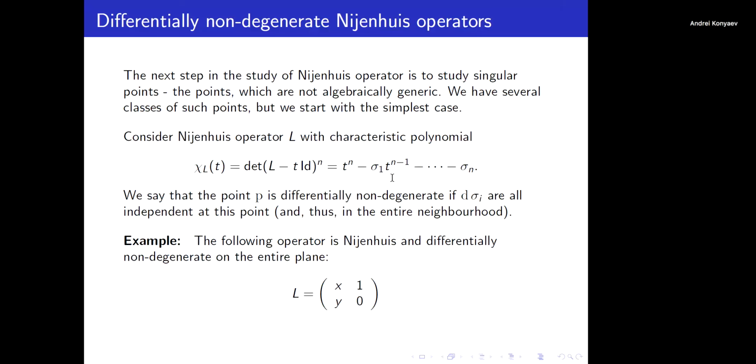If you know linear algebra well, you know that, for example, in the neighborhood of a Jordan block, you can take a Jordan block and perturb it, and you can obtain by a single perturbation any Jordan structure you want.